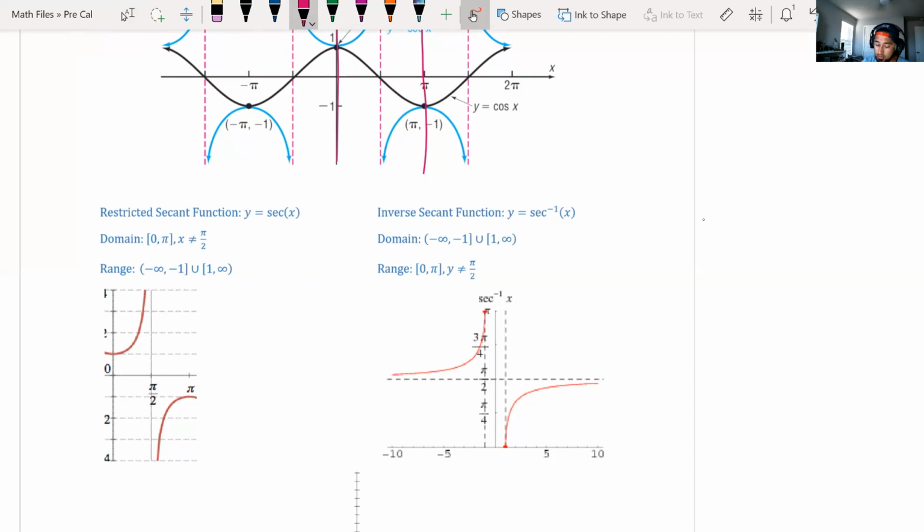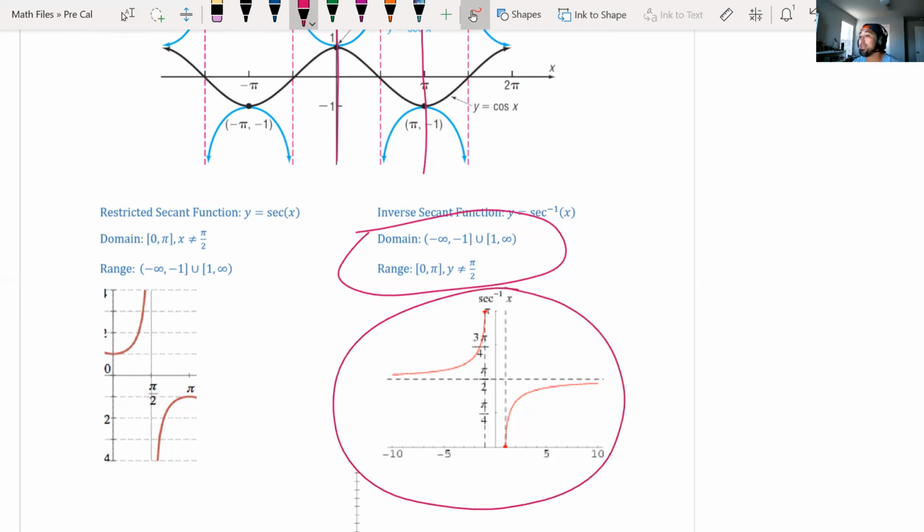And remember that your domain and range will switch. So now the domain of the inverse secant function is negative infinity to negative 1, union 1 to infinity, and the range is now 0 to pi, where y cannot equal pi over 2. So here is the graph of the inverse secant function.